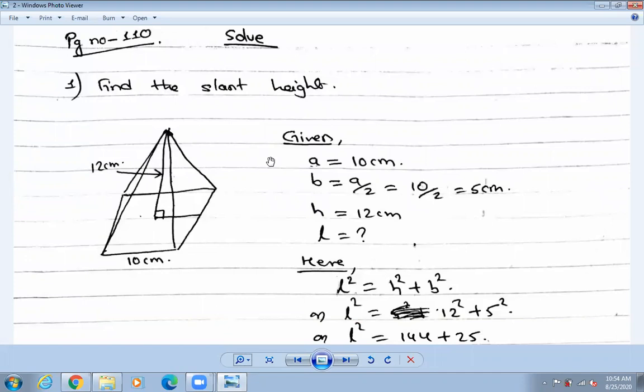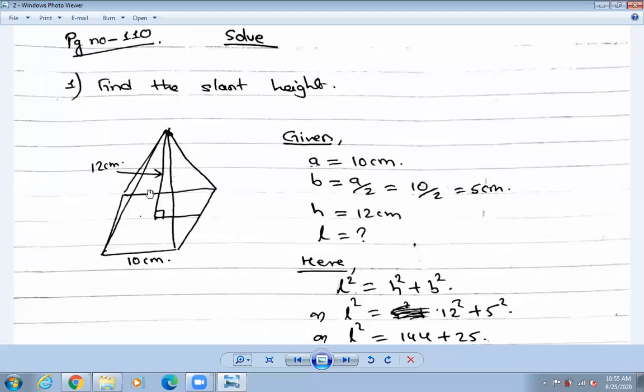What is the meaning of slant height, H or L? It is L. So what is given in the question?